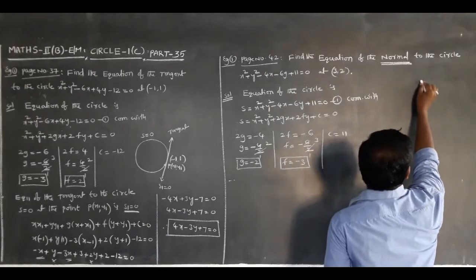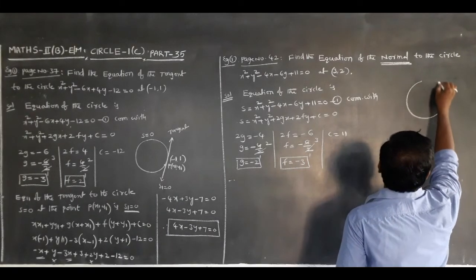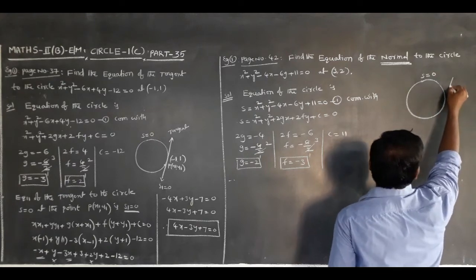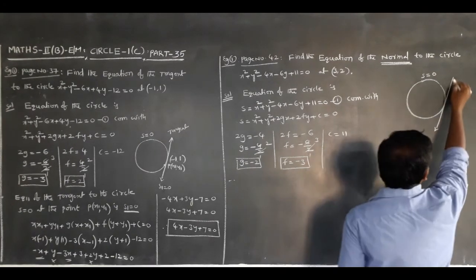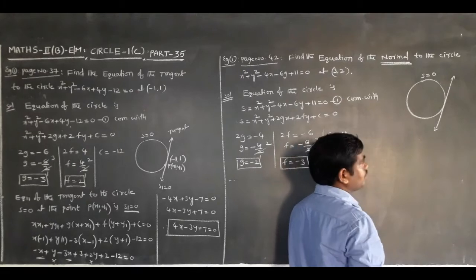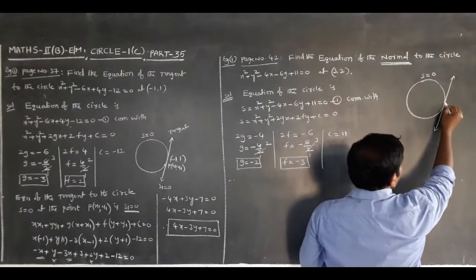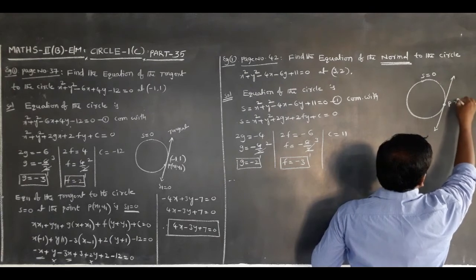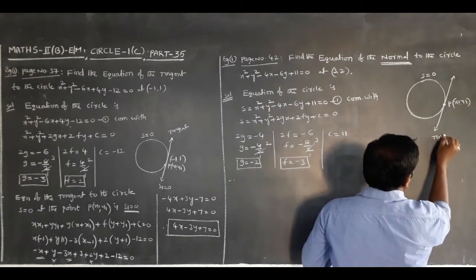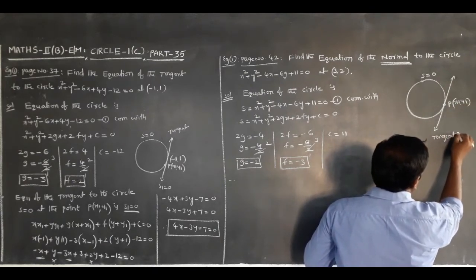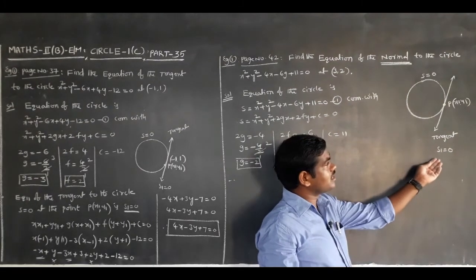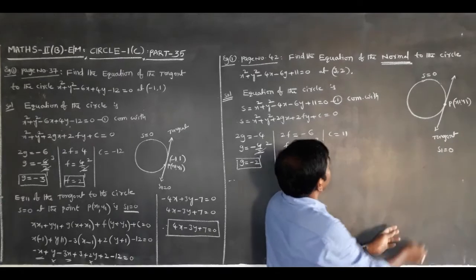Here find the equation of the normal. Equation of the normal to the circle S is equal to 0 at the point P(x1, y1). The equation of the tangent is S1 is equal to 0.